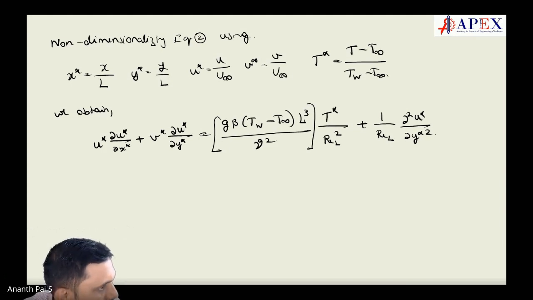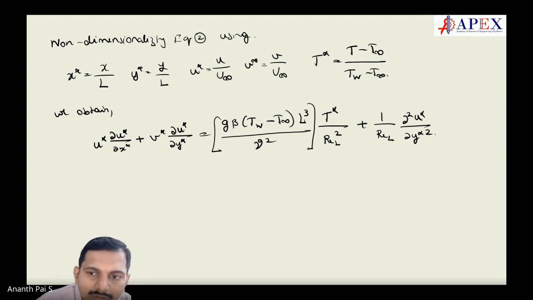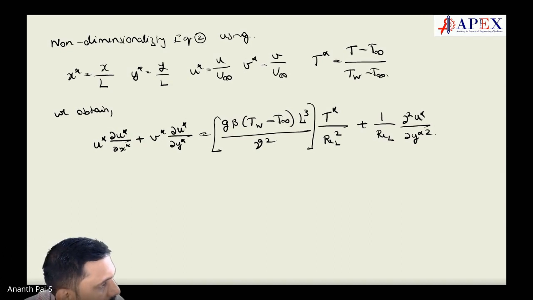This V square is nu square, it's not V square. V star is v by u infinity. There's no V infinity. What is u infinity is important. U infinity is not at infinity, very important.